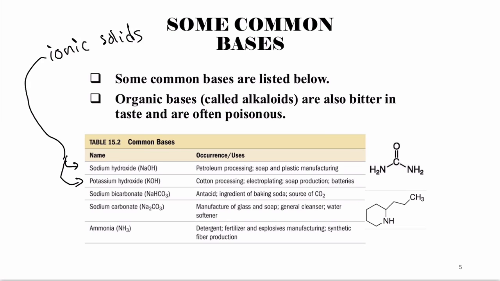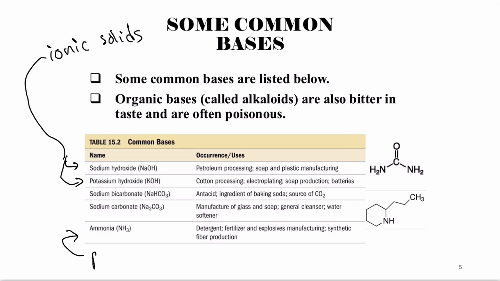So what we have is this hydroxide ion and sodium that are bonded to each other in an ionic bond. We put that in solution and it just gets rid of that OH minus, right? When it gets rid of that OH minus, that makes the solution basic. Whereas ammonia, on the other hand, is going to work slightly differently.